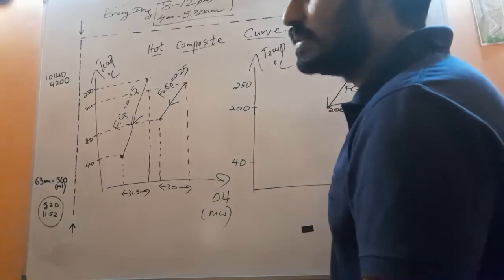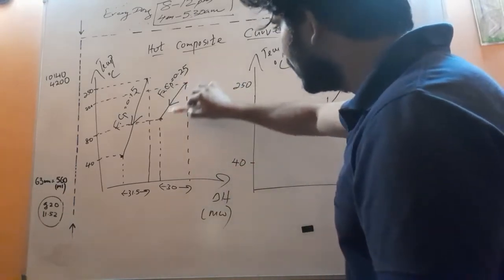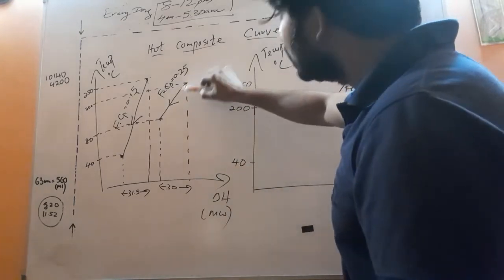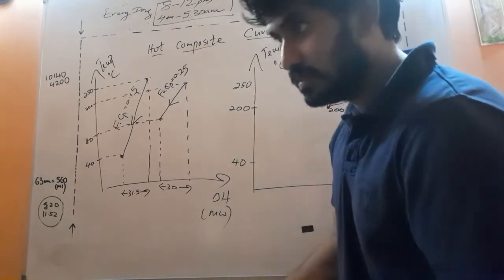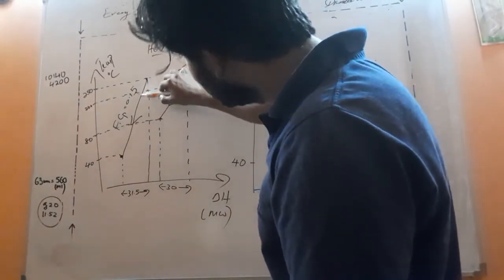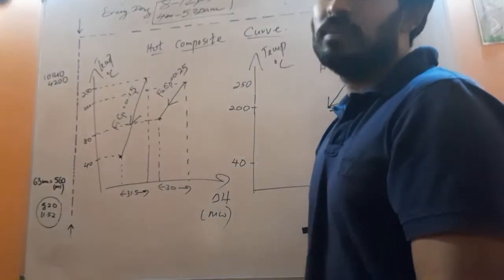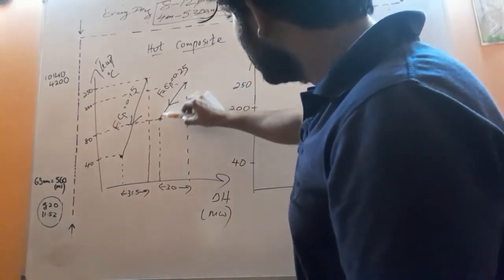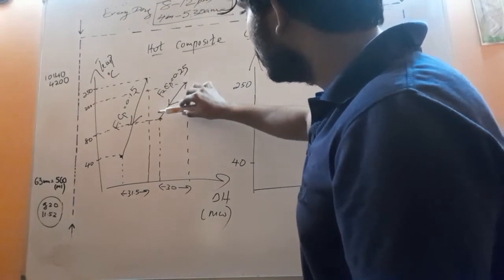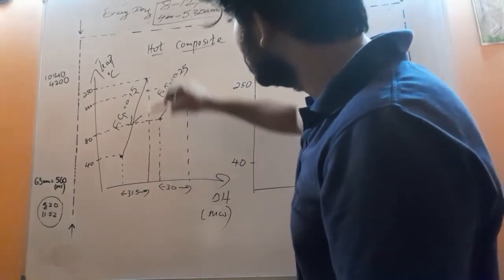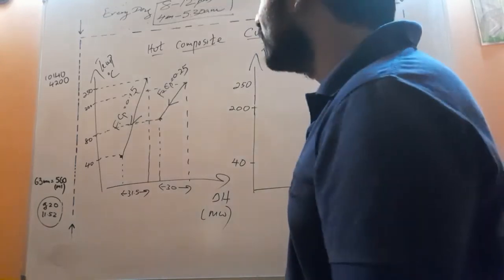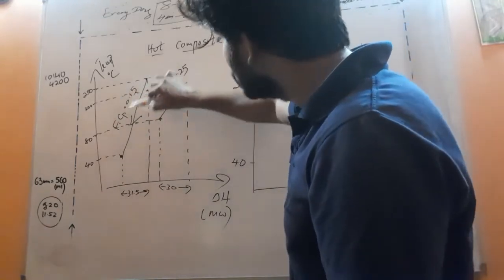I hope that is clear, because that is how this line is defined, so no problem. Not only this curve, even for temperature values in between 200 to 80, you can even use this curve also, right? This curve also relates the temperature ranges from 200 to 80, and in addition to that, this curve also can be used to define the temperature ranges from 200 to 80, no problem.